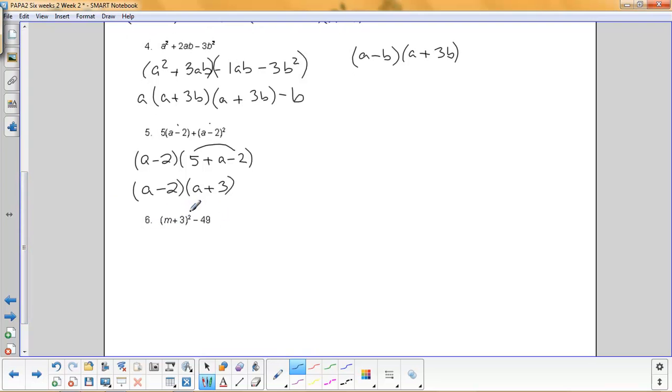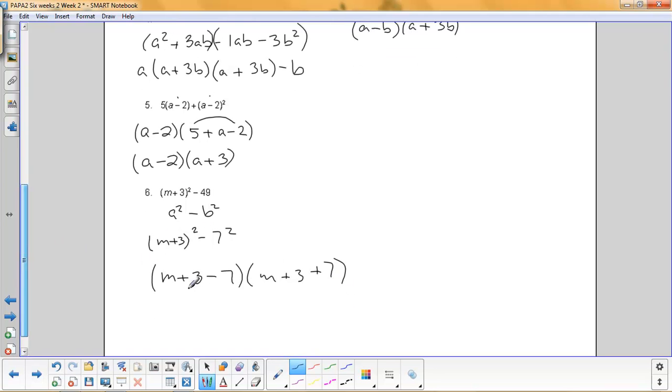Again, likewise, what you're looking at here is a squared minus b squared. It just so happens that a is a binomial. So what I'm looking at here is m plus 3 squared minus 7 squared, which means that I get m plus 3 minus 7 and m plus 3 plus 7.